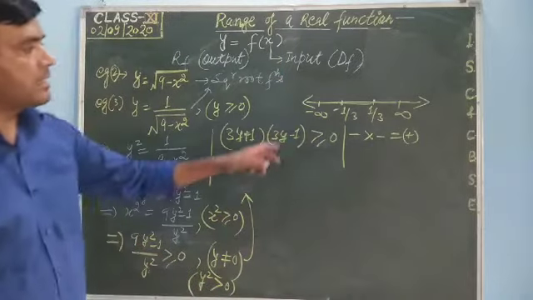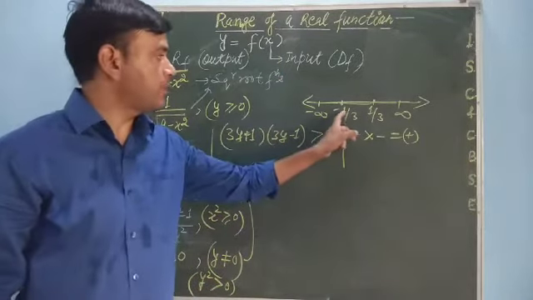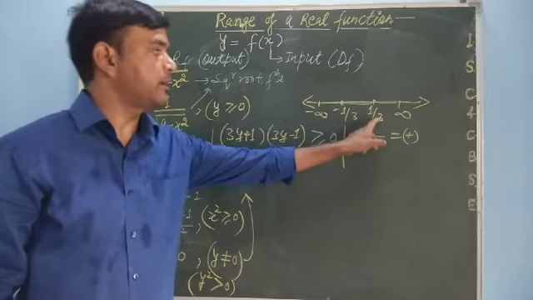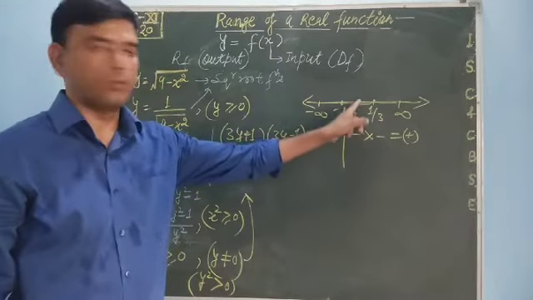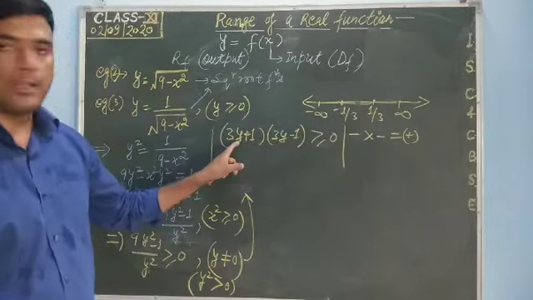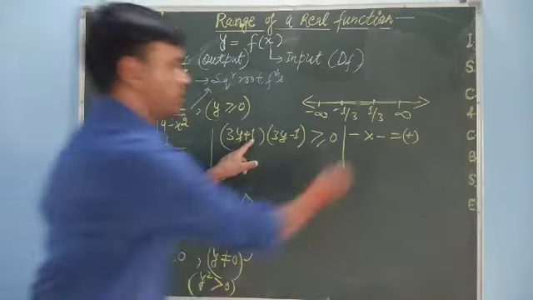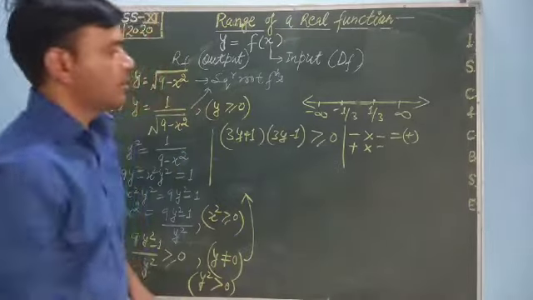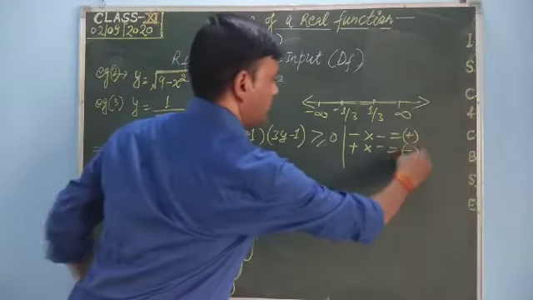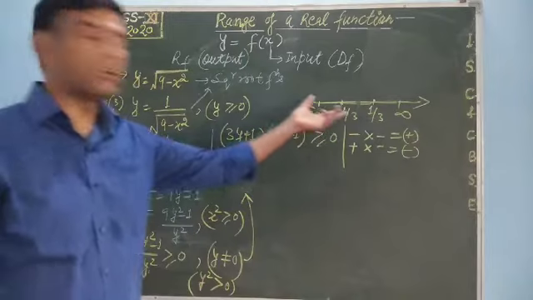Now if we take a number between minus 1 upon 3 and 1 upon 3, in the second interval, suppose I take 0 in place of y, then 3y plus 1 becomes positive and 3y minus 1 becomes negative, so overall this becomes negative. This is actually called the method of intervals.